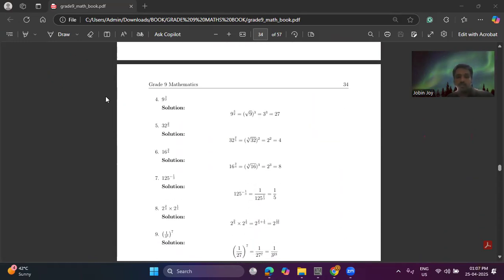Next question is 9 raised to 3 by 2. So what is 9 raised to 3 by 2?